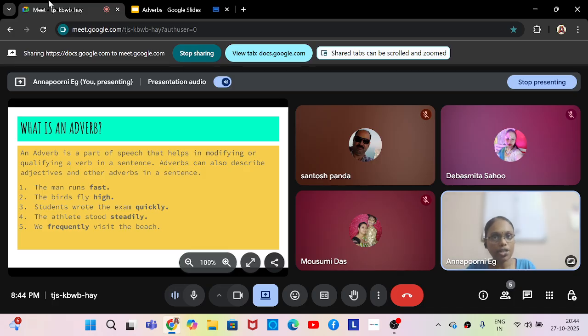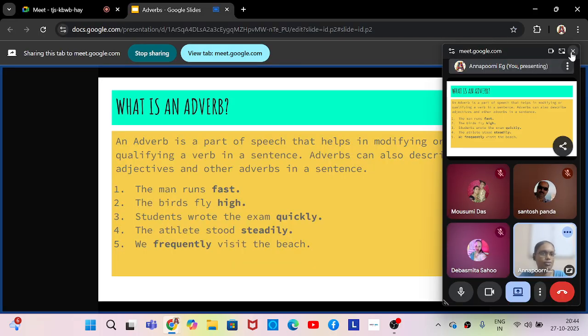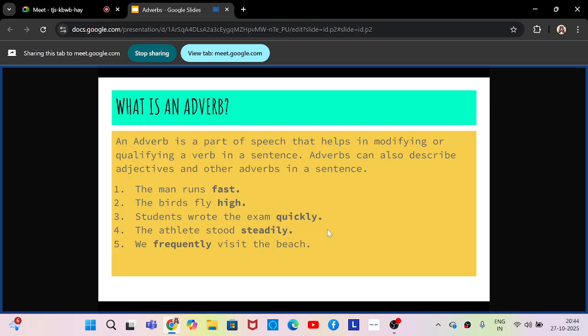So the action here is visit. The verb is visit. So how often do I visit the beach? Frequently. So the adverb is frequently. This is the answer for the question how often? How often do you visit the beach?